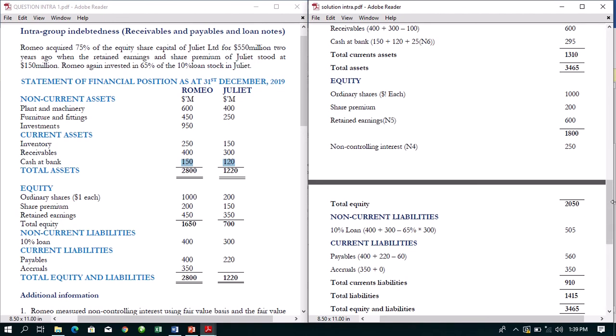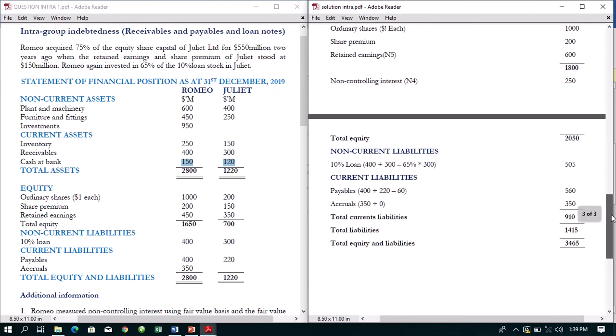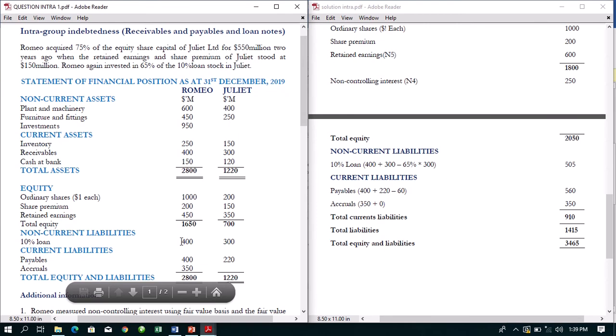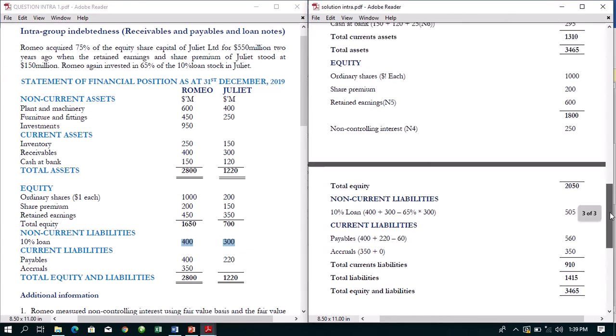So I can then move to liabilities. Under non-current liabilities, we are given in this question that the 10% loan note in the parent is 400, while in the subsidiary is 300. 400 plus 300 gives us 700. But don't forget, I said whenever we have an intra-group loan, we have to eliminate it from the investment and also eliminate it from the loan note, which can be seen here.